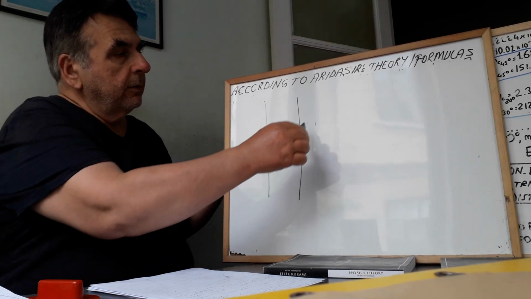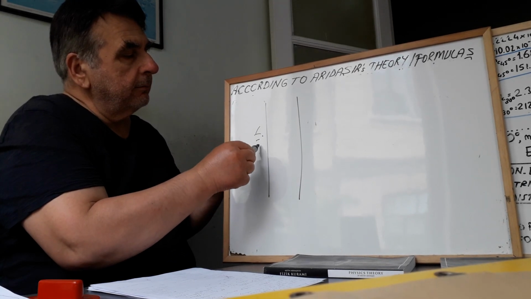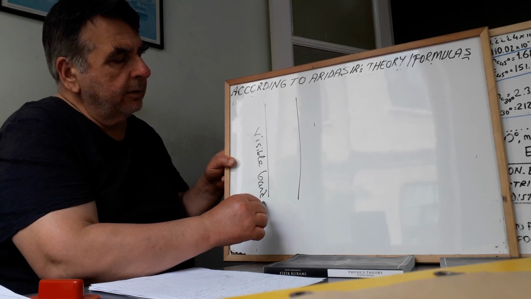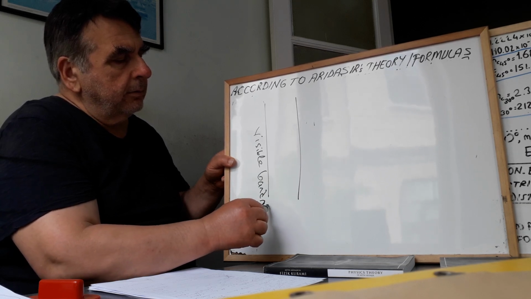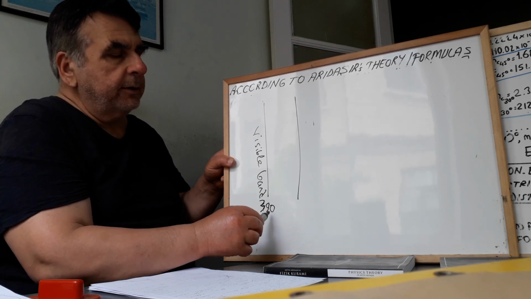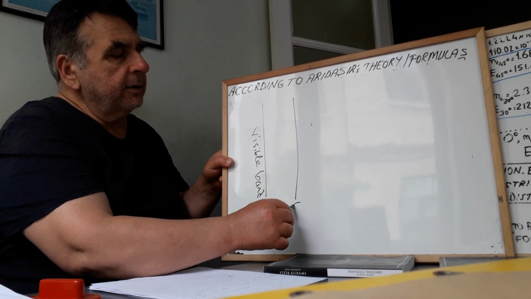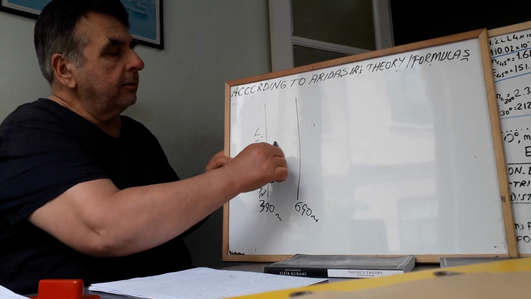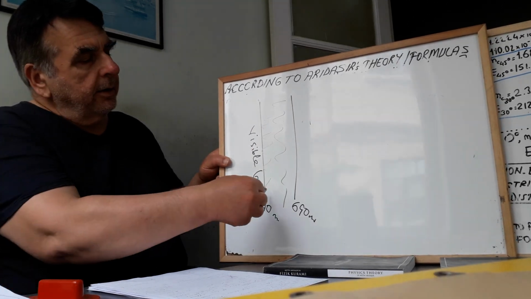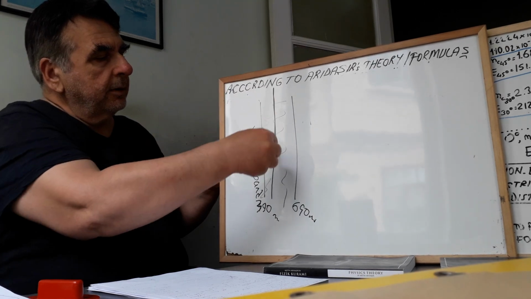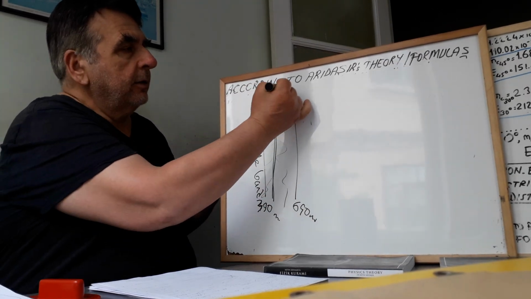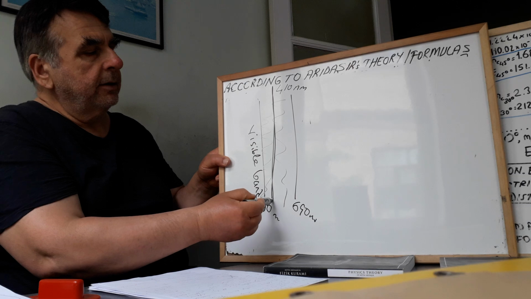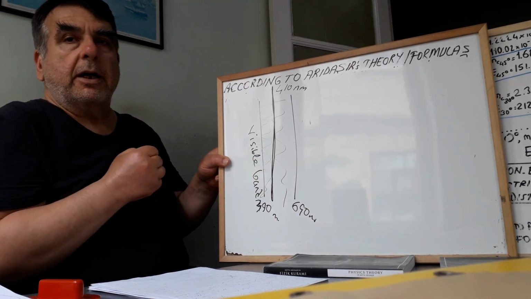Here, visible band. Say between 390 nanometer and 690 nanometer. Okay. Spectra. Here, as a spike, 410 nanometer emission line of hydrogen.